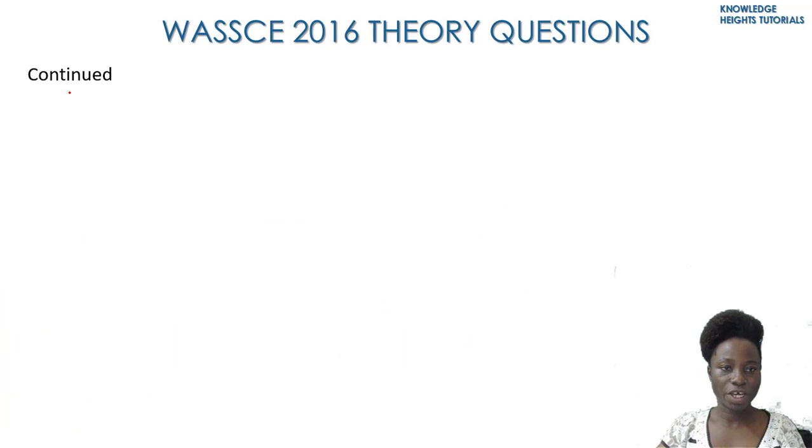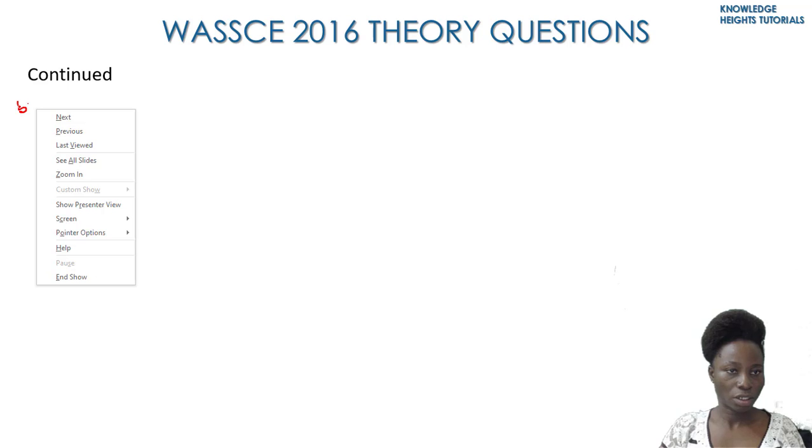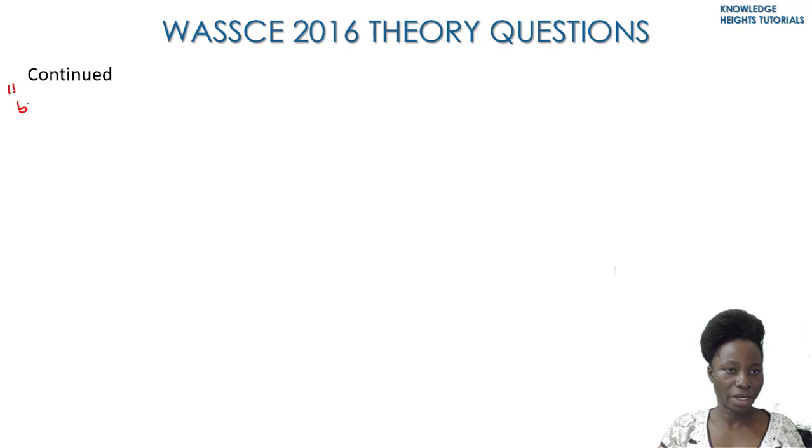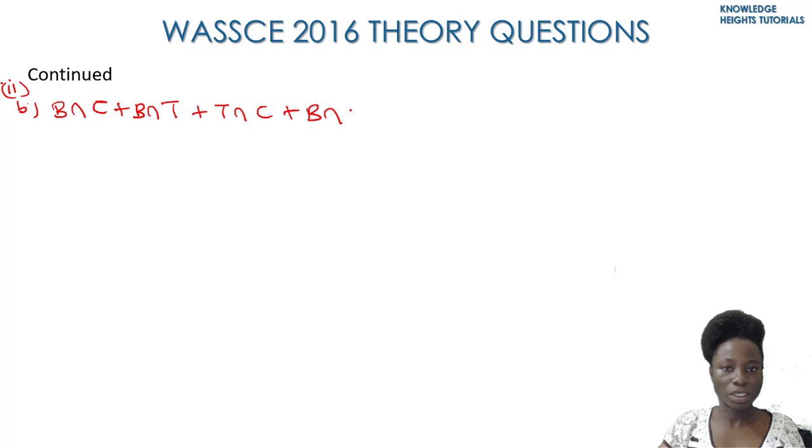Let's continue from here. The B part of question II. So this is equal to B intersection C plus B intersection T plus T intersection C plus B intersection T intersection C. So B intersection C is what?